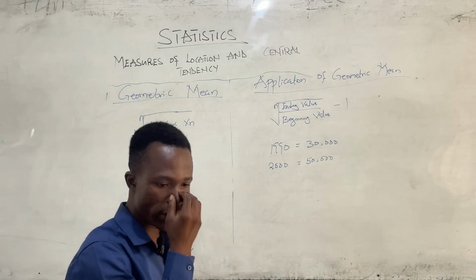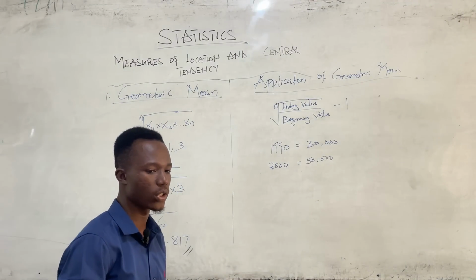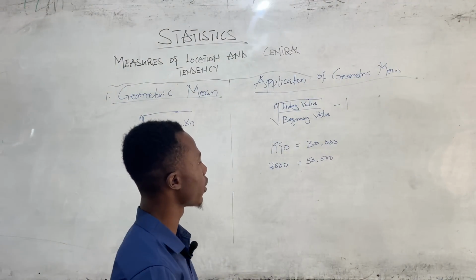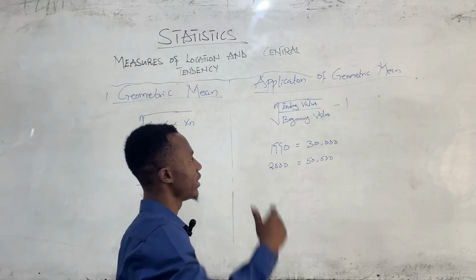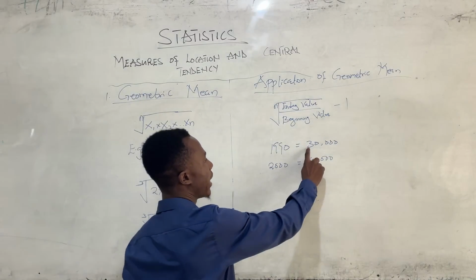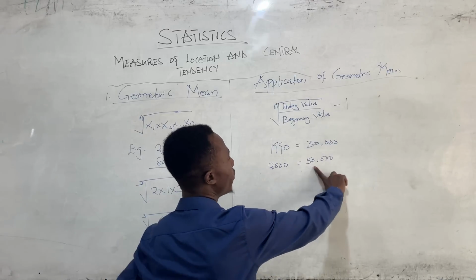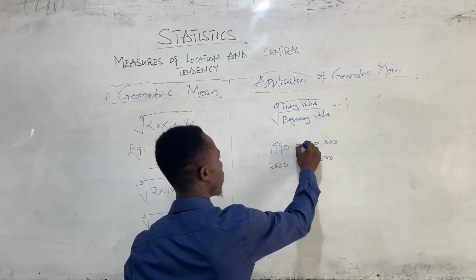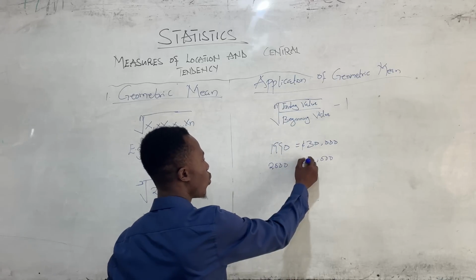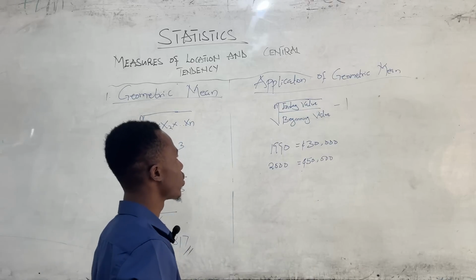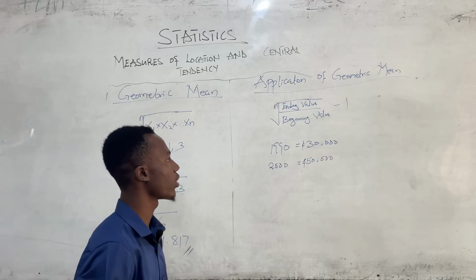What is your annual rate of increase over the period? So here we are looking for the percentage increase over the period. 1990 you are earning 30,000. In 2000 you are earning 50,000 Ghana cedis, right? Yes. So what is the percentage increase? That is the application of the geometric mean that we are talking about.